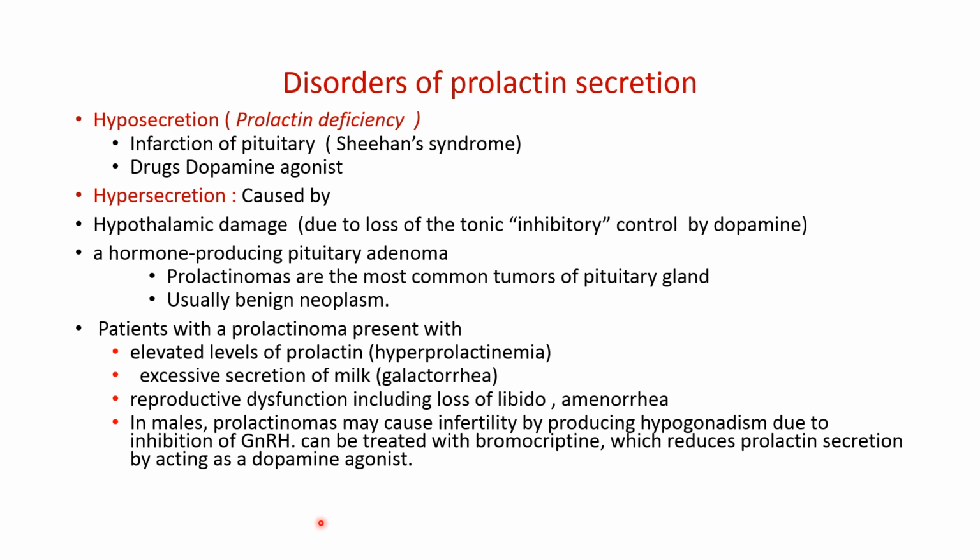Sometimes these patients can be managed by medications, using a dopamine agonist, or it could be removed surgically. Oh, I'm sorry, I said antagonist rather than agonist. Thus we can prevent prolactin secretion through dopamine-like drugs.